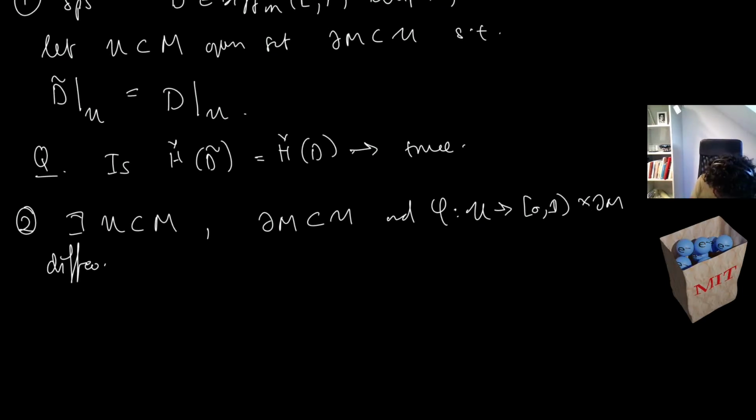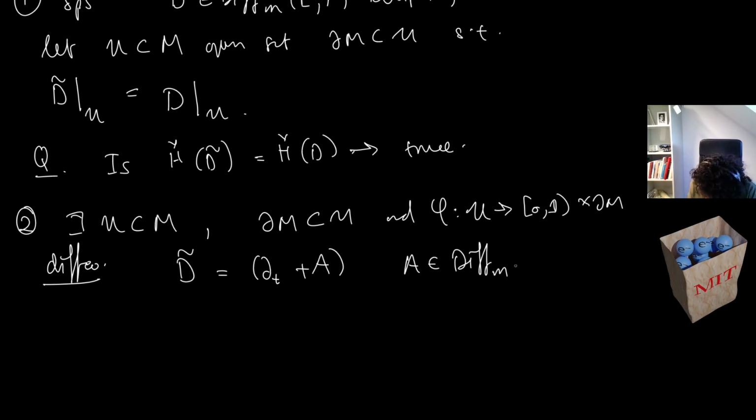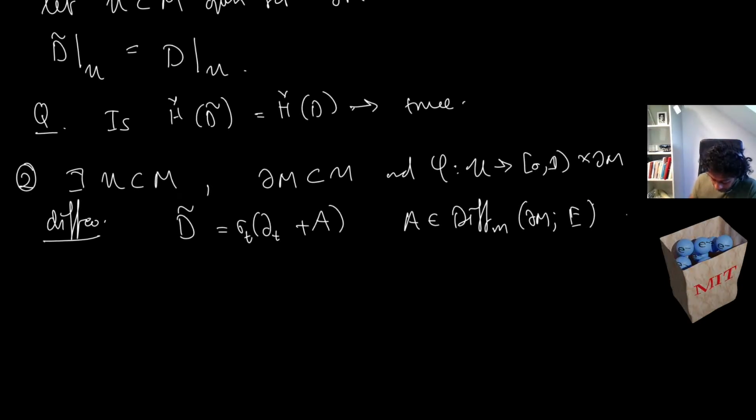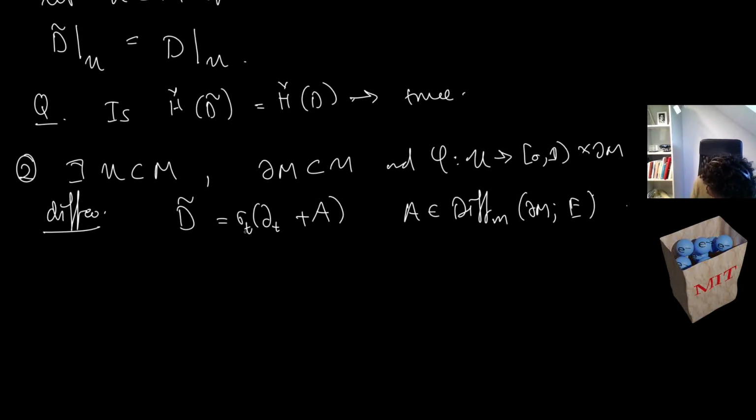And maybe we can find a D tilde that looks like this: d/dt plus some A, where A is now, say, an order m differential operator on the boundary, mapping from E to E, and then maybe I can put a symbol here, some sigma t. This is an endomorphism that takes me to the bundle F.